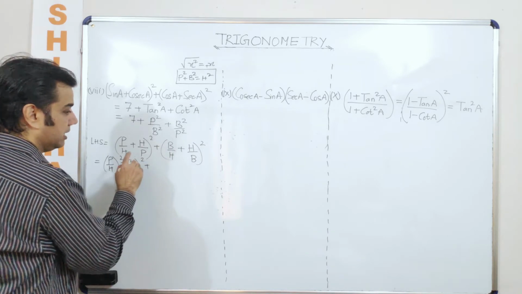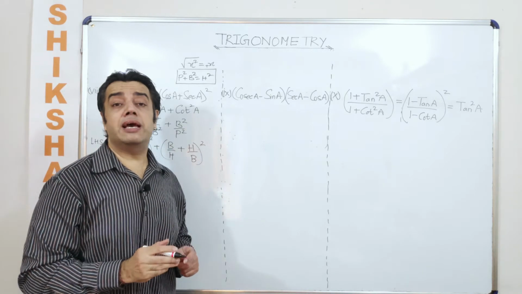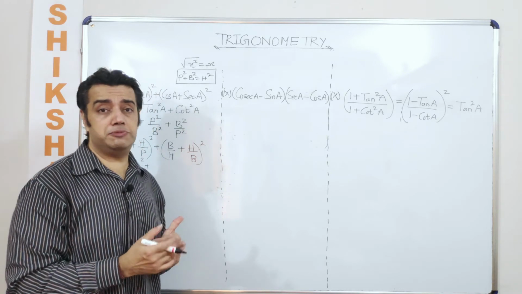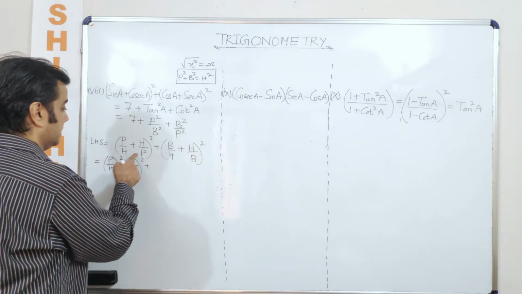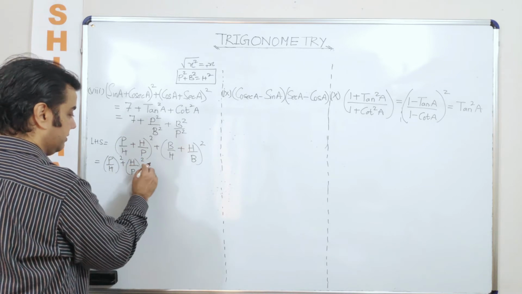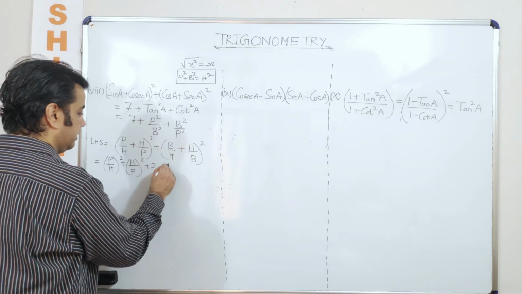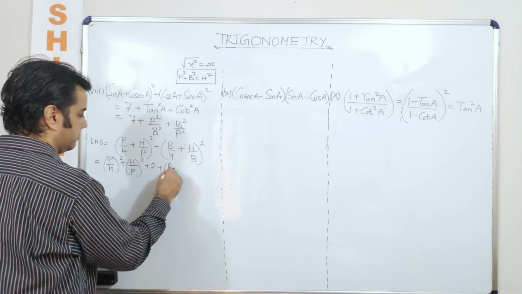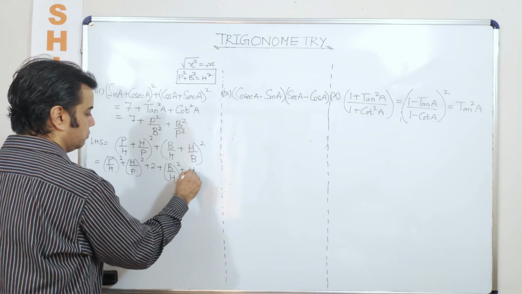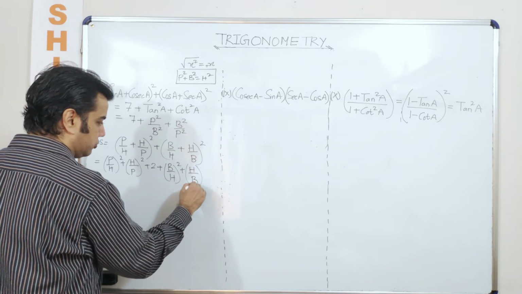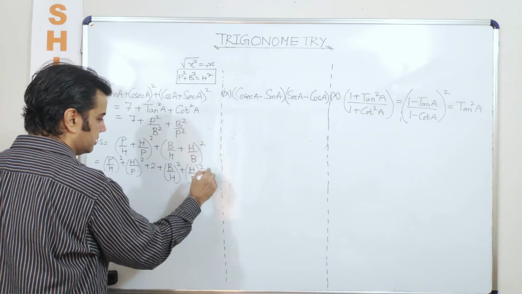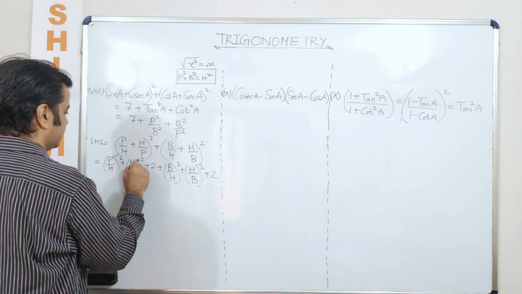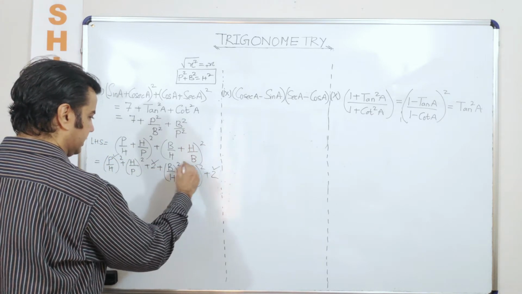So we are using the expansion of a plus b whole square, plus twice of p by h into h by p, which is 2 only. Further b by h whole square plus h by b whole square plus 2, because twice of this into this.